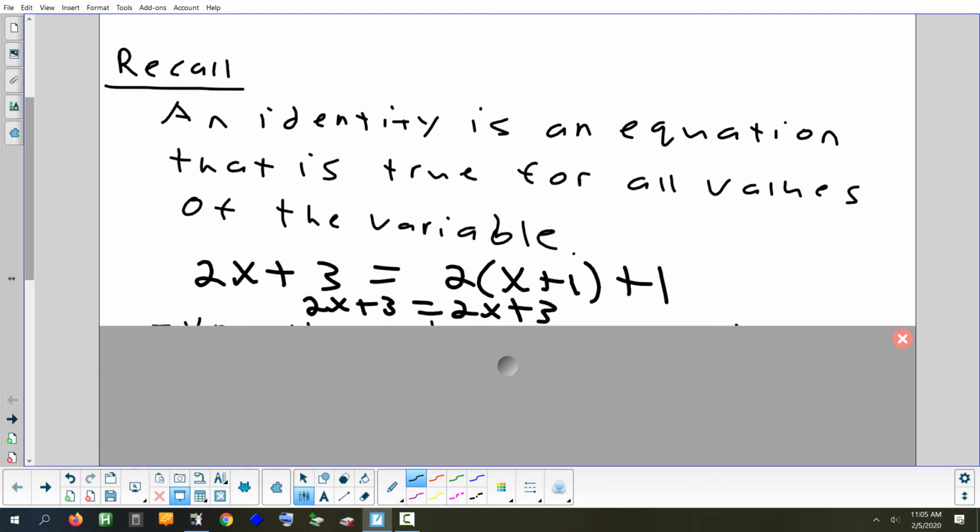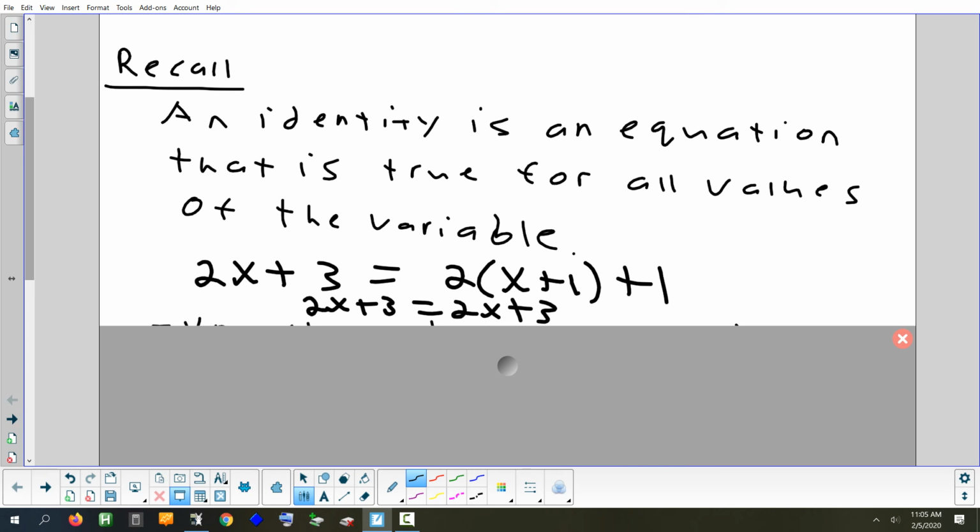You could subtract 2x from each side and all the letters are gone and you have 3 equals 3. What that means is this equation is true no matter what value of x you plug in. Plug in 5, it'll work. Plug in negative 17.4, it'll work. Because what's on the left and on the right are the same.